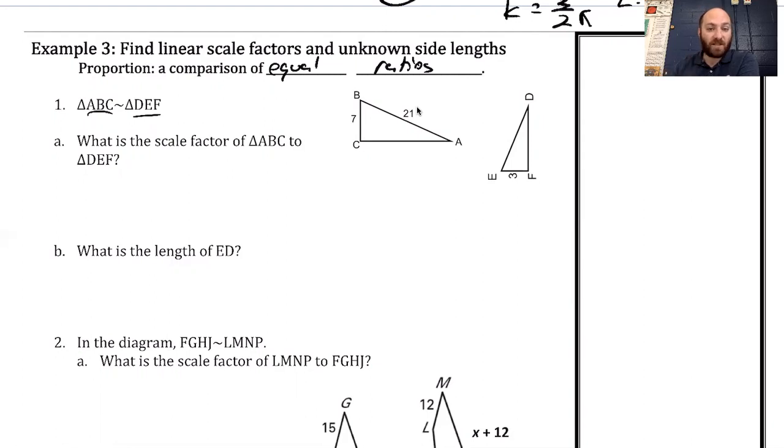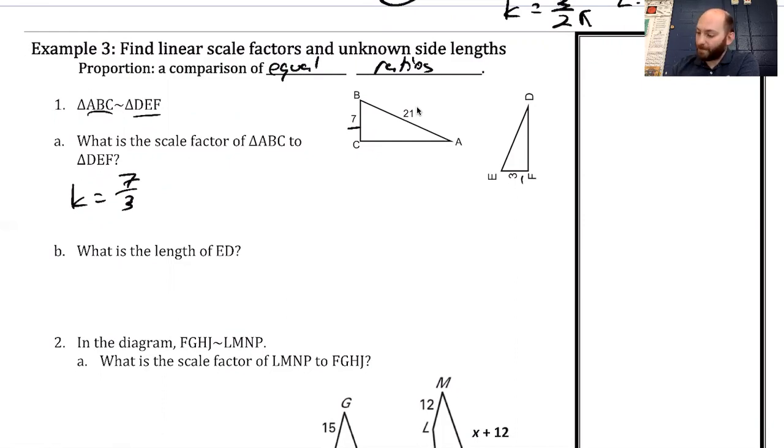I just need to compare 2 corresponding sides. I'm going to look at 7 and 3, because BC is the second 2 and EF is the second 2. That's how I know they're corresponding. From larger to smaller, K is equal to 7/3.